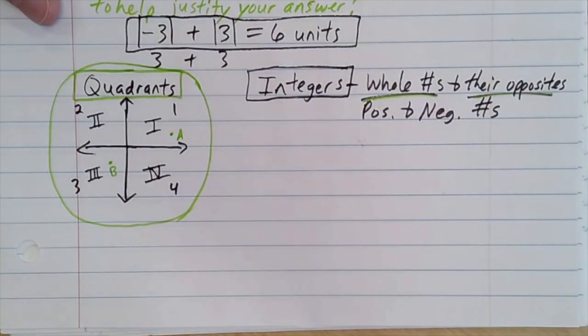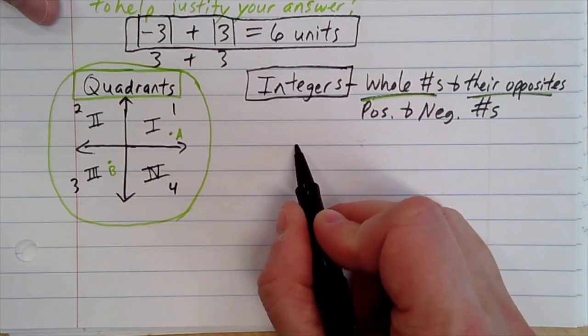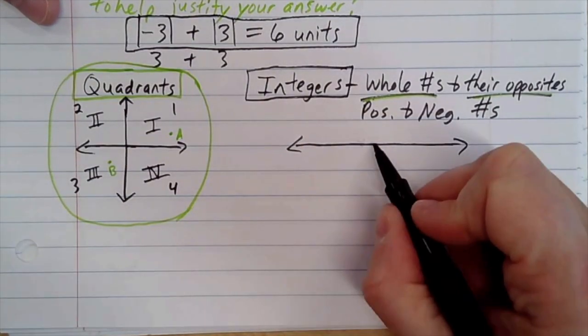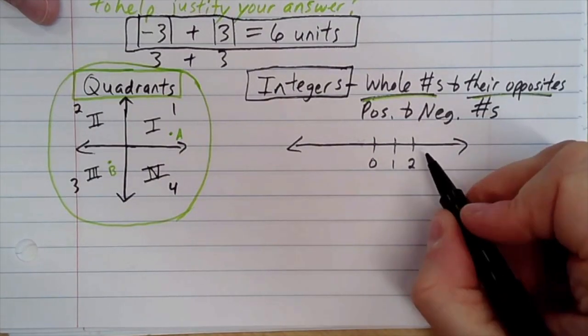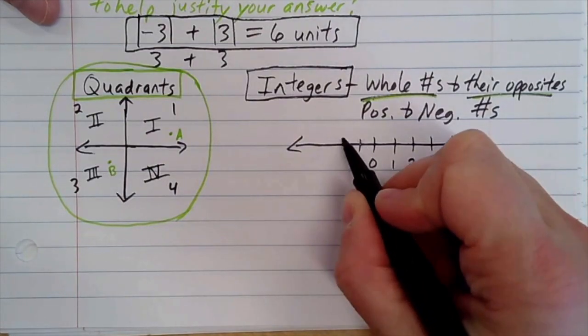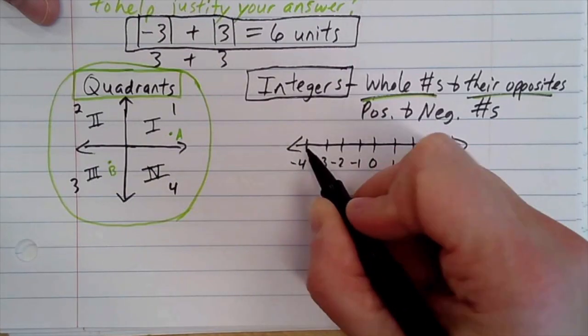So if I were to put something like this, which there's going to be a question like this on your test, and I put 0 right here, and then I've got 1, 2, 3, 4, -1, -2, -3, -4.